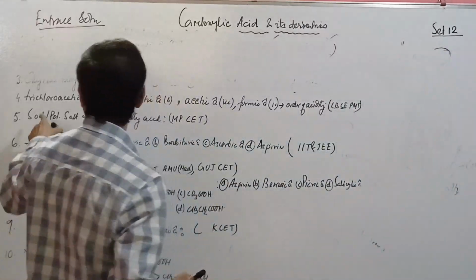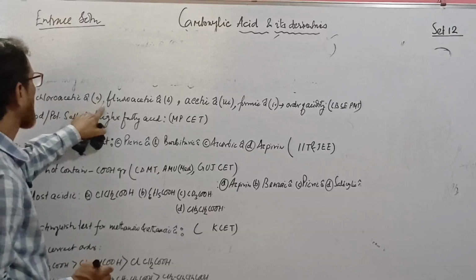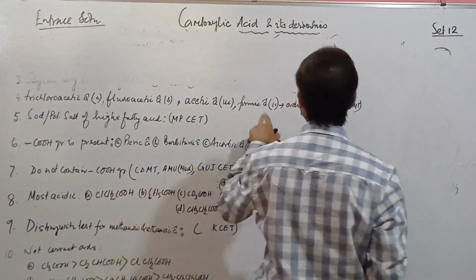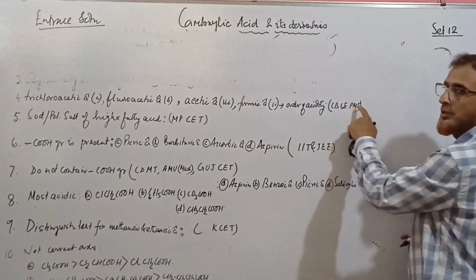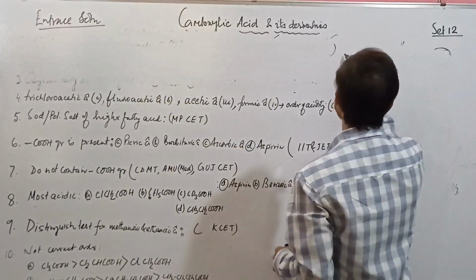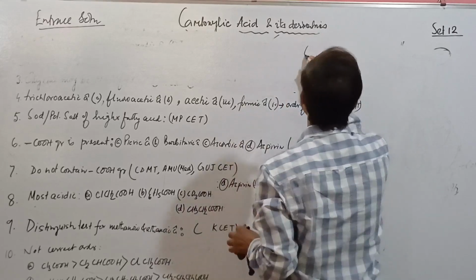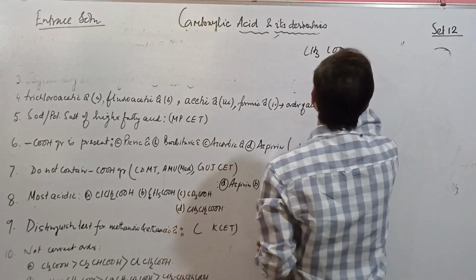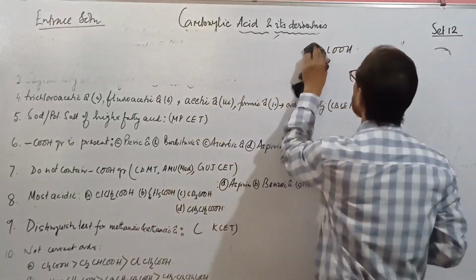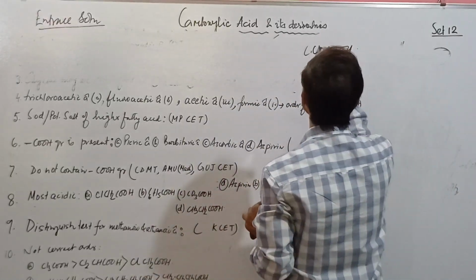So next one: trichloroacetic acid, fluoroacetic acid, acetic acid, formic acid, order of acidity, CBSE PMT preliminary exam. So what is acetic acid? CH3COOH. Now when it is trichloroacetic acid, it means in place of H there are 3 chlorines.